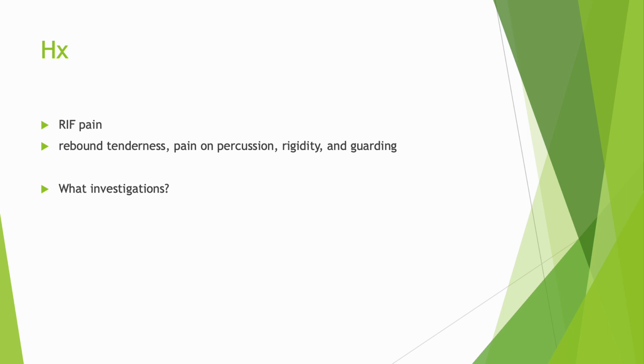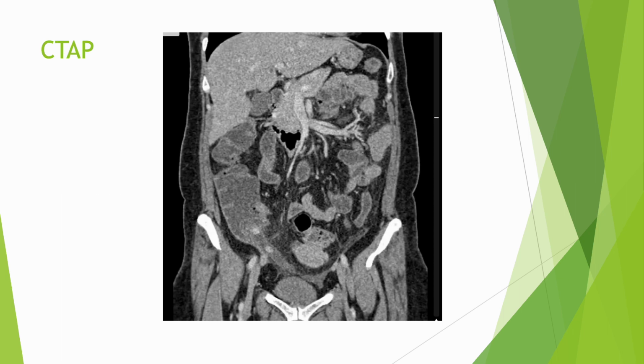The majority of the time, appendicitis is a clinical diagnosis, but getting a CT scan can help aid the process. So we got a CT scan for this chap, which is the preferred imaging modality, as it's up to 97% specific for the diagnosis of acute appendicitis, but also allows for alternative causes of abdominal pain to be diagnosed as well.